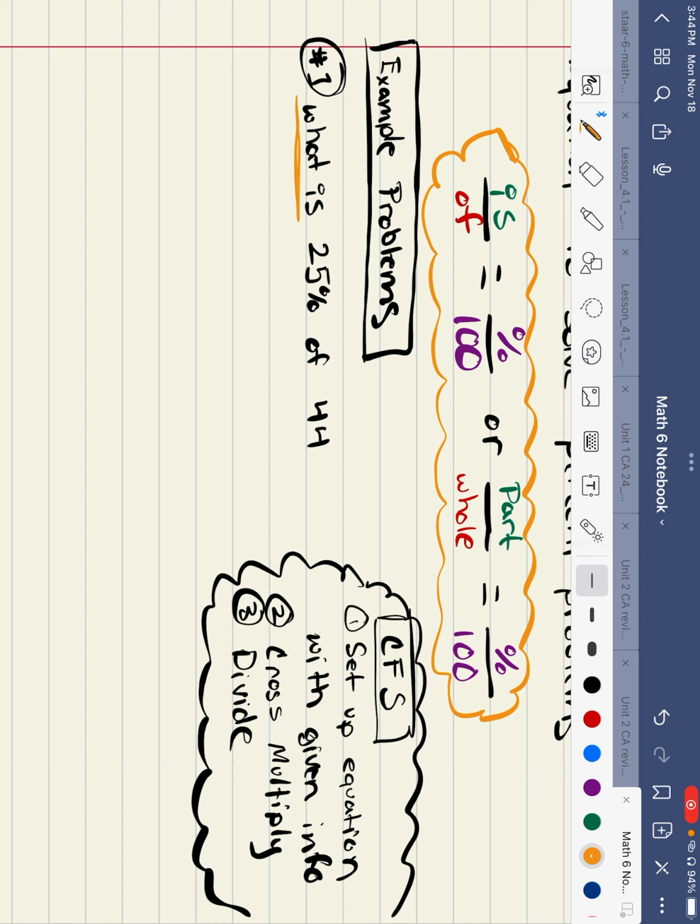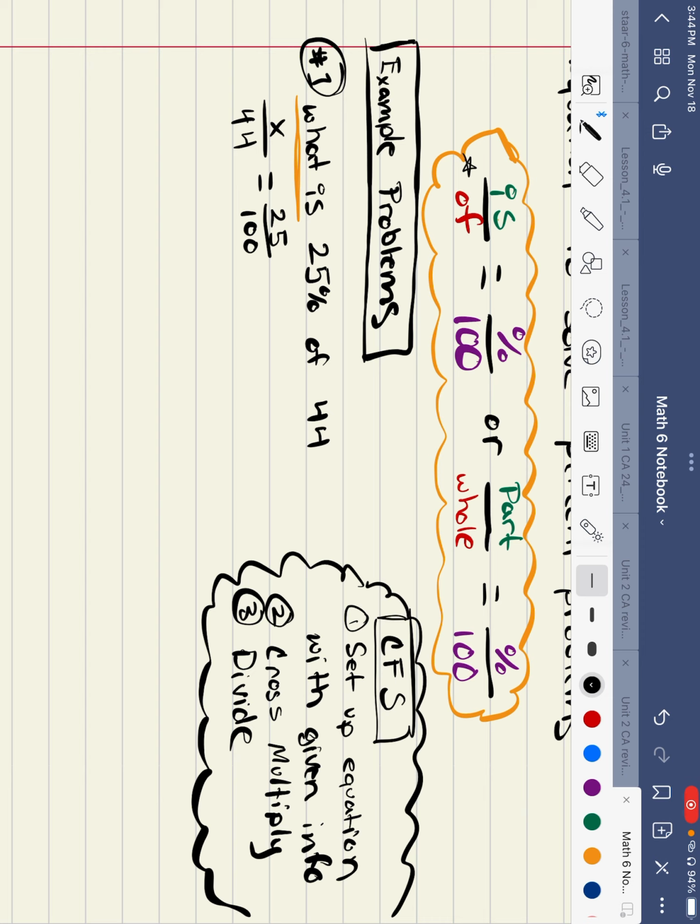We have 25% that they gave us and of 44. So look at our equation up here. Is over of. So they said what is the is. We don't know what that is. So setting that up, is over of, we know that is our variable. X is our is, our of is 44. Again, looking up here, we see our 44. Then that is equal to our percent over 100. They gave us 25% over 100, right?